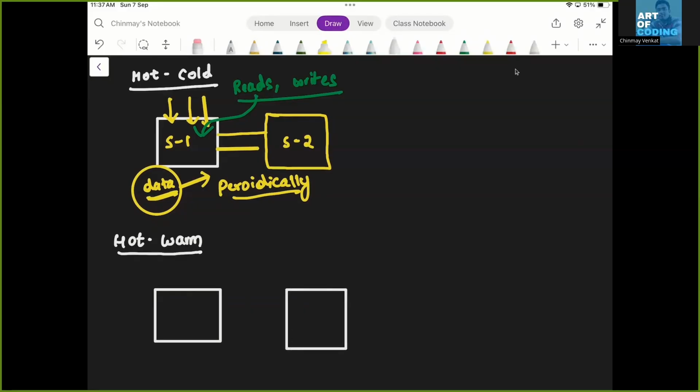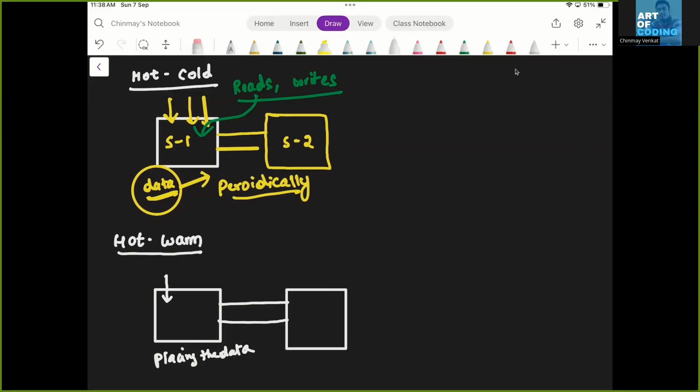Data goes between the two servers almost the same, but with a little bit of lag. If a request comes to server one and places data, it takes a little bit of time to replicate here.